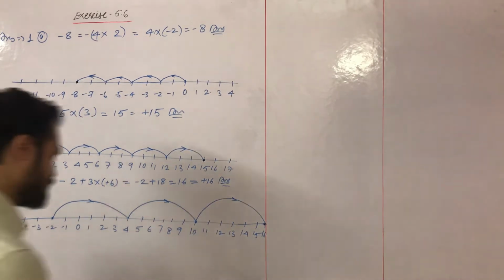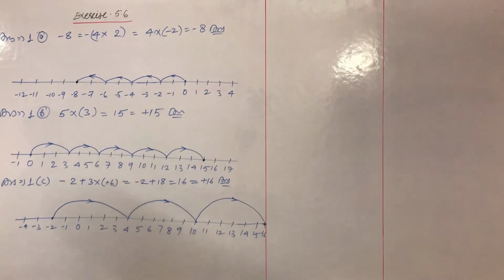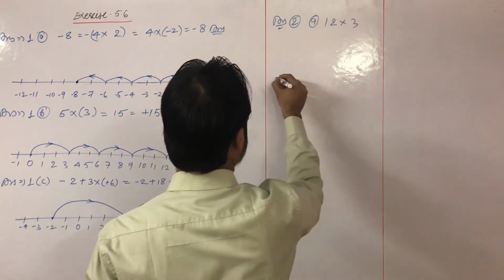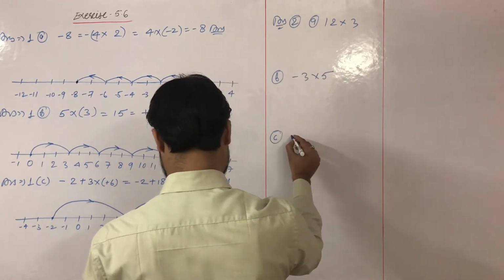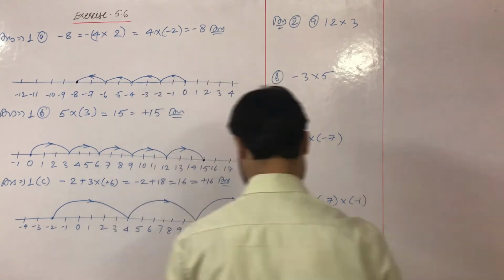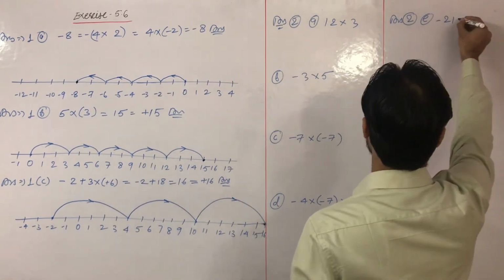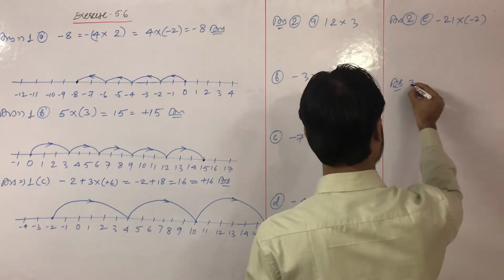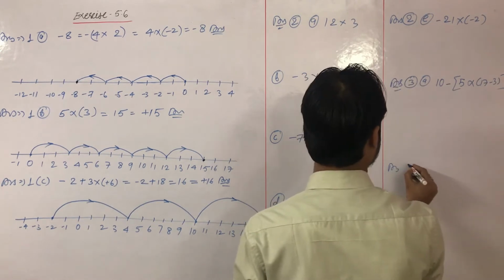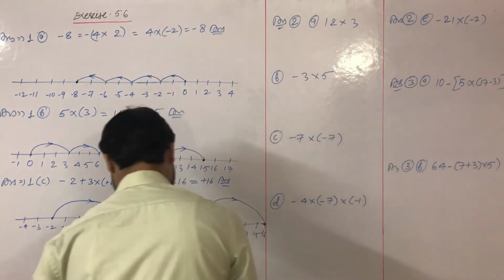Now second question, question number 2 from your book. Simplify. Right.